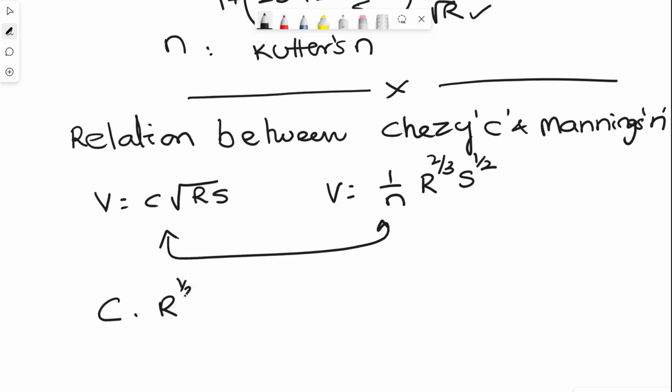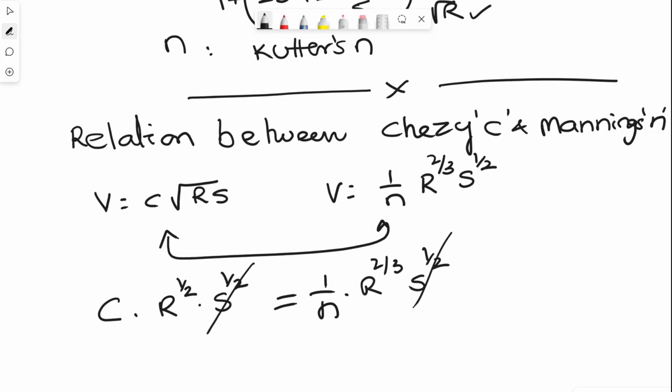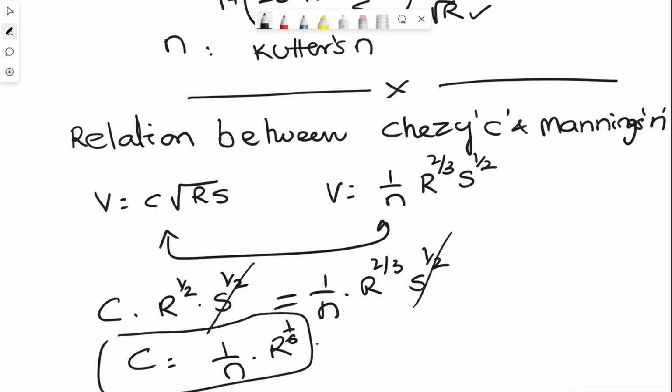C into R to the power of half S to the power of half is equal to 1 by n R to the power of 2 by 3 S to the power of half. So S to the power of half will get cancelled. Therefore, C is equal to 1 by n into R to the power of 1 by 6. So this is the relationship between them.